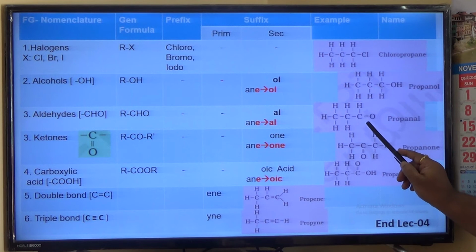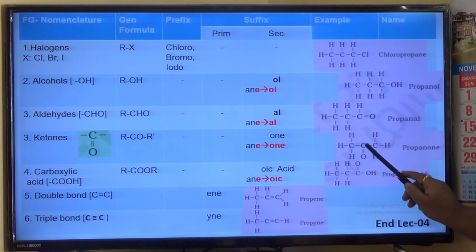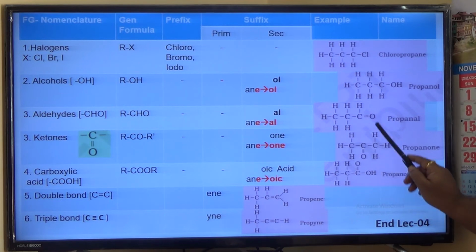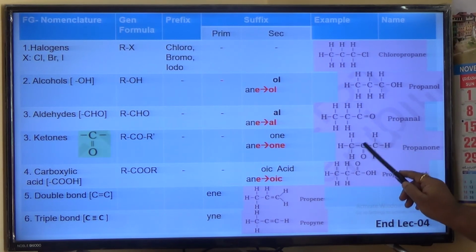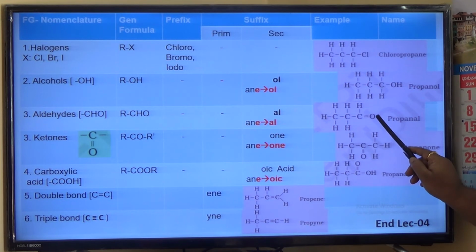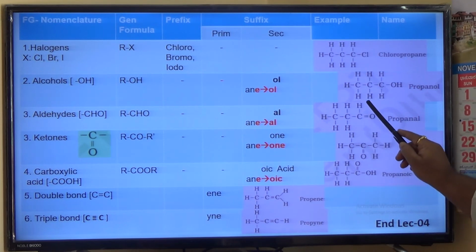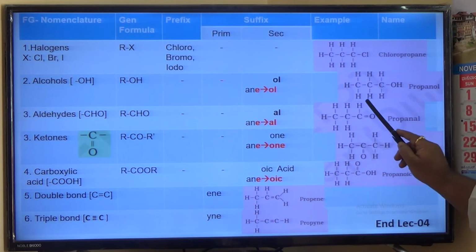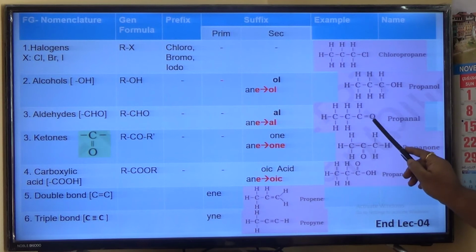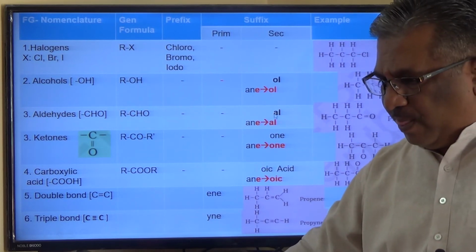That would be a ketone, but that cannot come at the end. If C double bond O comes at the end, we have to read hydrogen also along with that. In that case, this entire group becomes CHO. This is CHO. Are you able to understand here? See here.